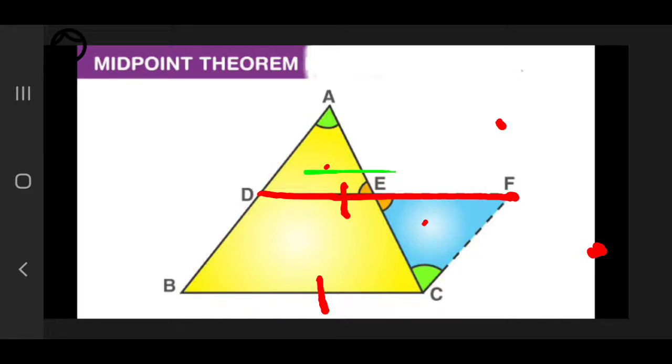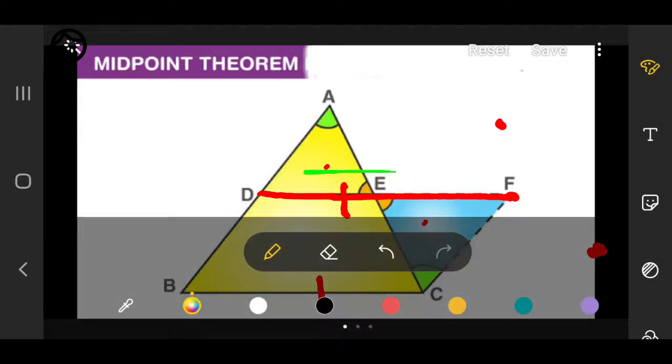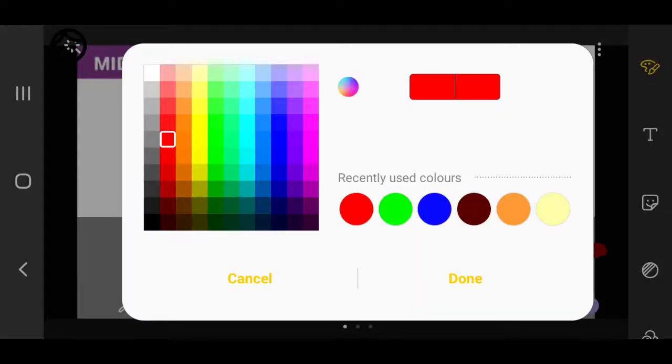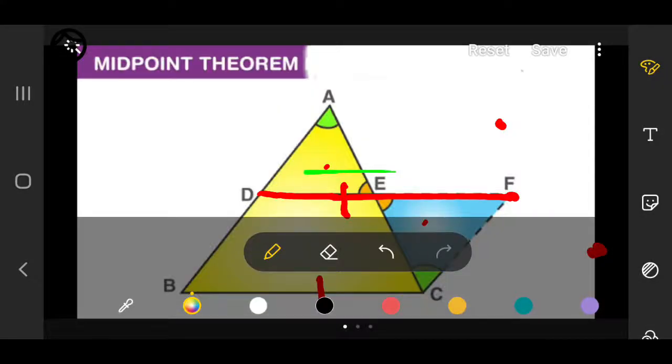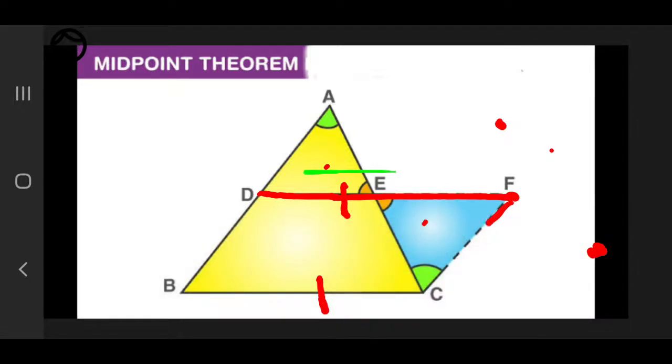Then listen, dear children. Same method as before, in the triangle ABC you have to draw a line CF. Then that CF is parallel to DB. Same method.